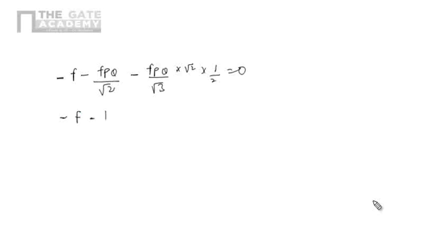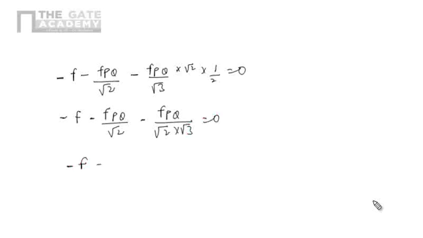Now we will rewrite this equation: minus F minus FPQ by root 2 minus FPQ root 2 by root 3 into 1 by 2 equals 0. That is nothing but minus FPQ by root 2 minus FPQ by root 2 root 3 equals 0.